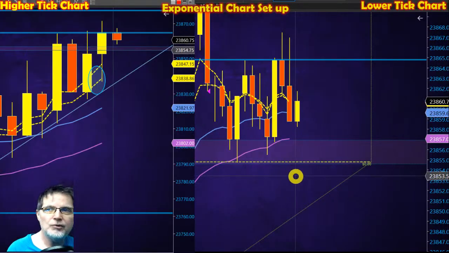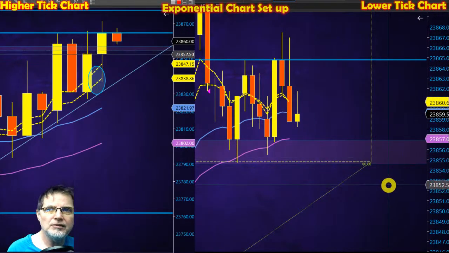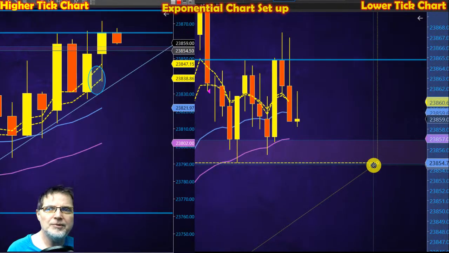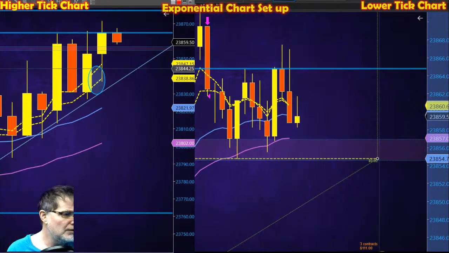I'd like to see it sweep it and then start to turn green. If it sweeps it and starts to turn green, I'll be interested.